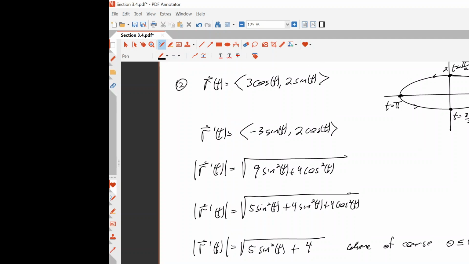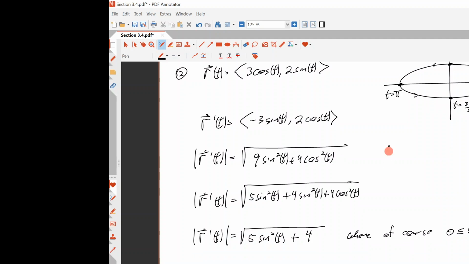It's equal to 0 at 0 radians, pi, 2 pi, 3 pi, 4 pi, 5 pi, at whole multiples of pi. And it's equal to 1 at half multiples of pi. So when the radius is the smallest, when we're traveling up through here, the velocity is the fastest. And when the radius is the highest, that's when the speed is the slowest.